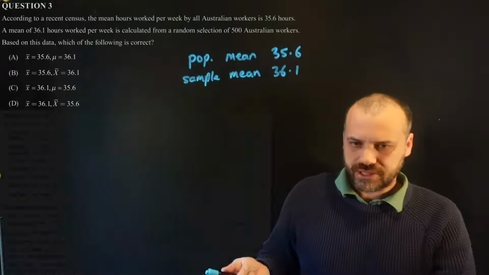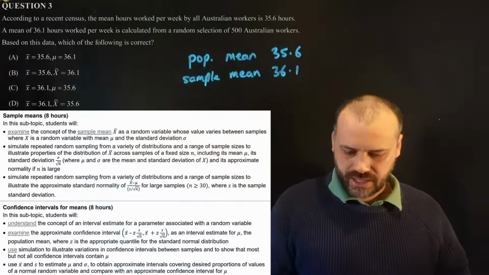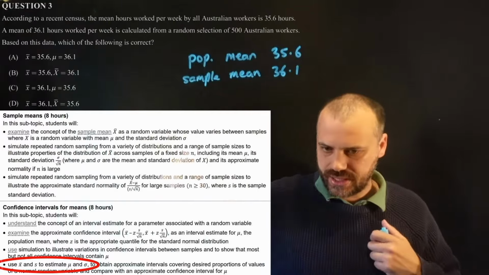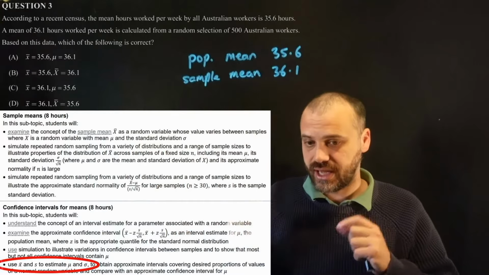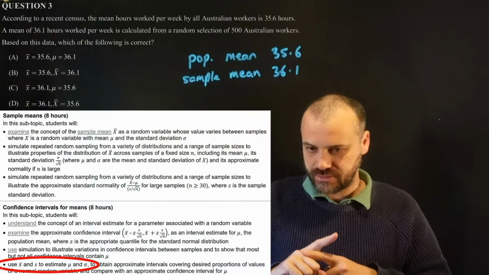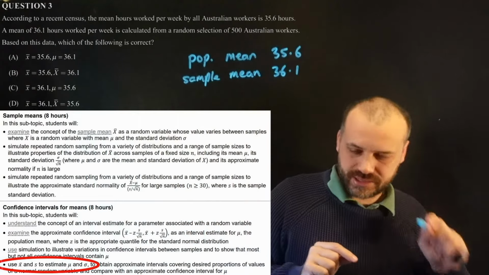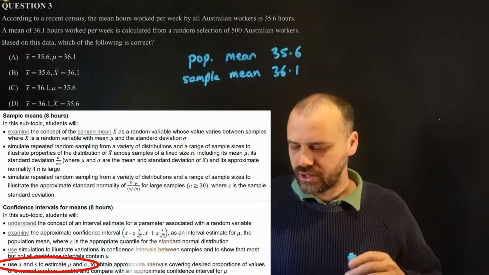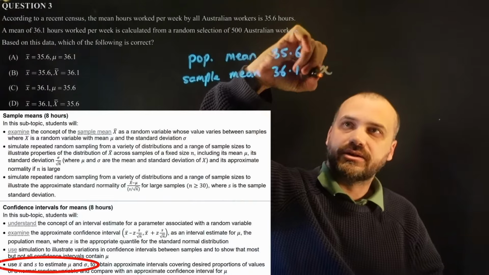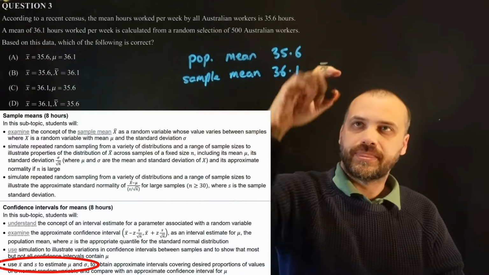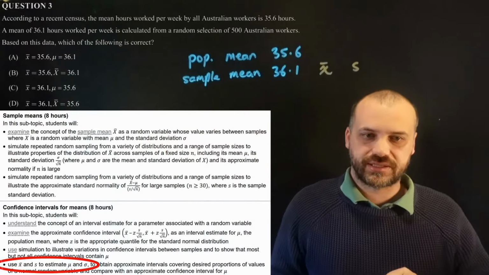Let's look at the syllabus. Boom, here. It says use lowercase x hat and s to estimate mu and sigma. Lowercase x hat and s is using our sample mean and our sample standard deviation.